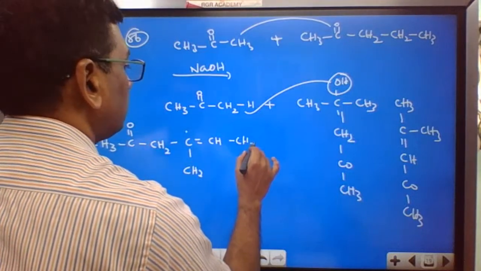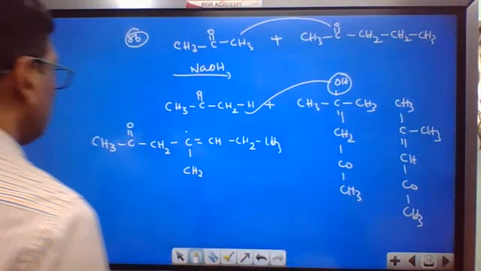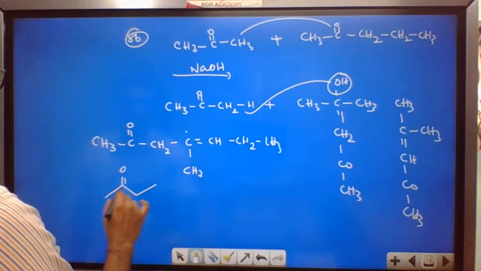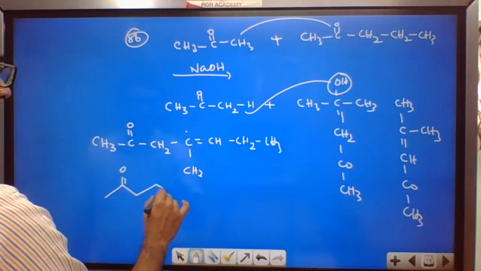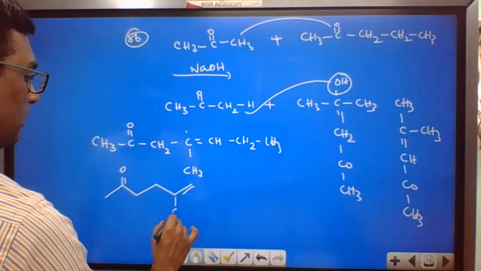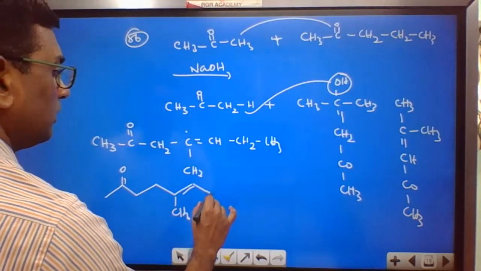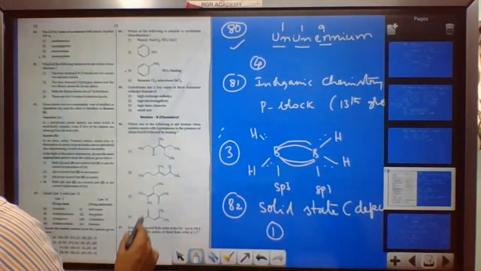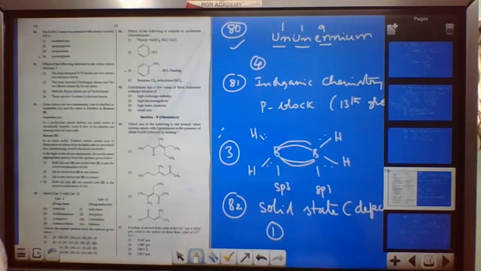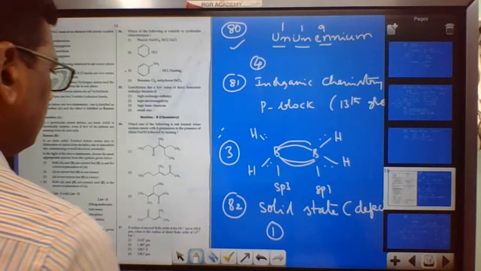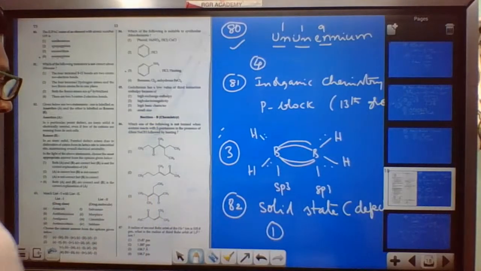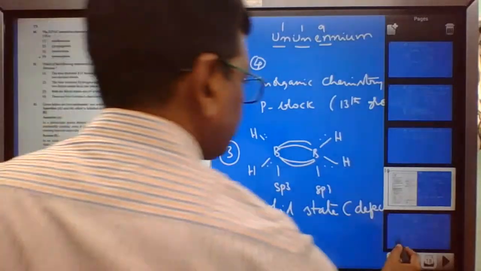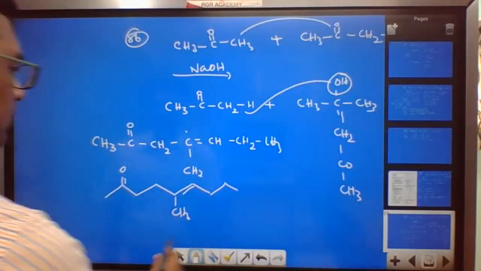CH, CH2, CH2, CH3, double bond O, and CH3 double bond. This is also possible. Yes, this is CH3 double bond O CH3 CH3. That is also possible.